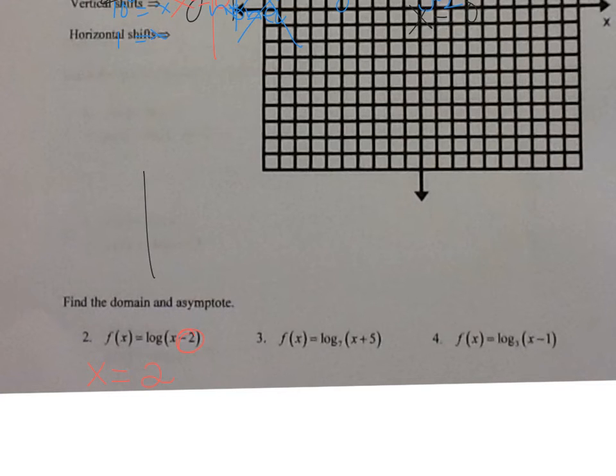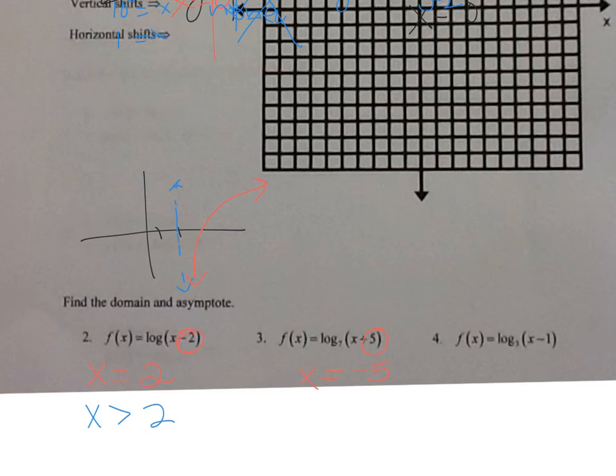If you had looked at a graph, your asymptote would be right here at x equals 2. So your graph would look like this. It's not going to go past x equals 2. So your domain is x is greater than 2. All right, let's take a look at number 3. My shift is +5. That means it's moving to the left 5. That means my asymptote is x is equal to -5.